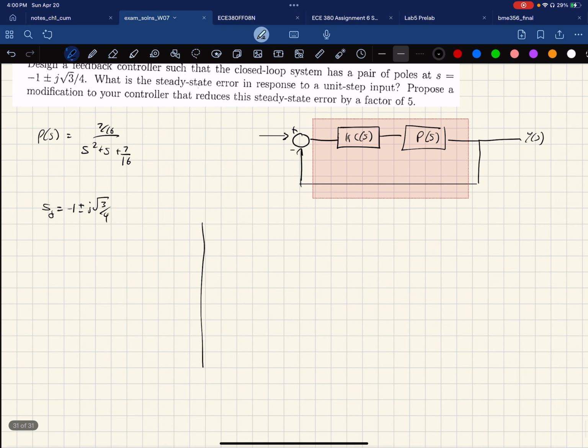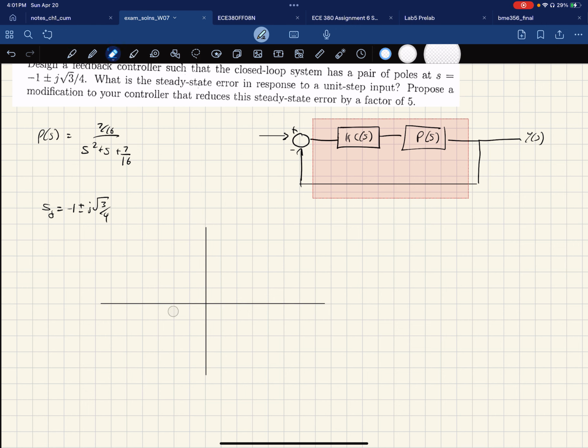In short, if I was to draw this on a plot, we would have it at -1, j root 3 over 4, and root 3 over 4 really is like 0.4. Okay, so it's like somewhere over here.